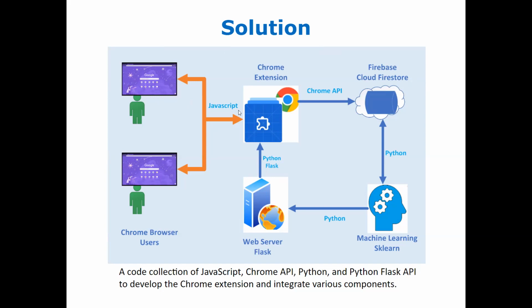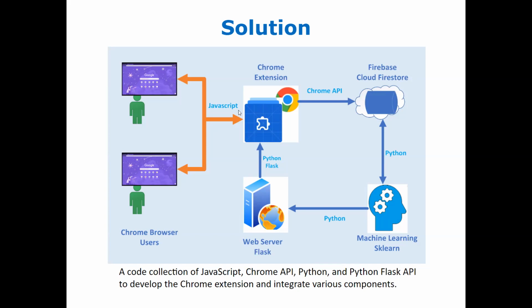Afterward, the machine learning algorithm will take all the data from the Firestore or Firebase, and then it'll check which URLs are closest to one another in a certain time frame, which I'll talk about later.